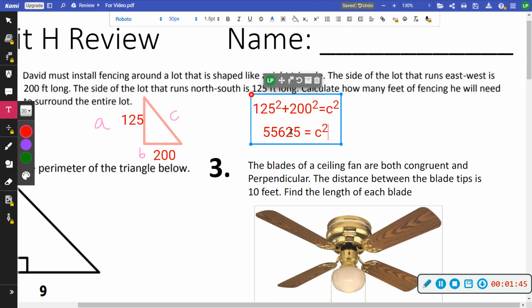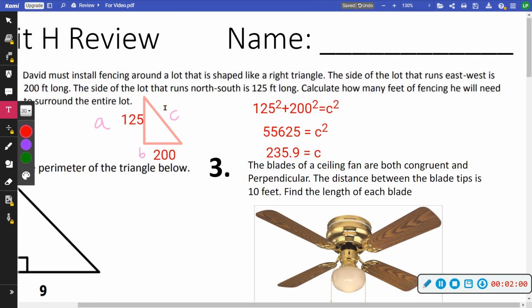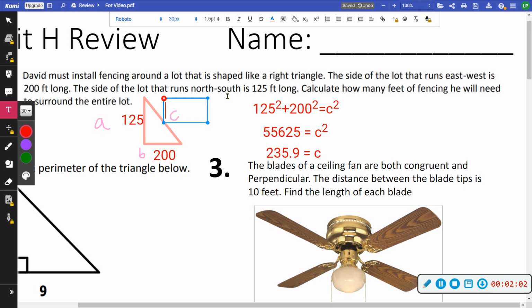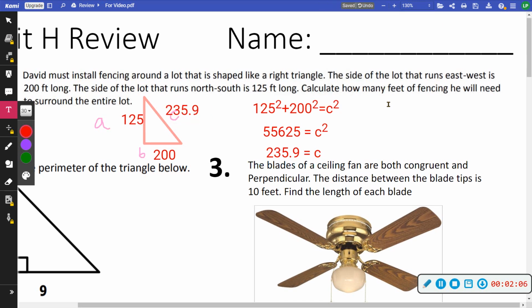So I type in the square root of 55625, and I get 235.9. So c is 235.9. I just found that the hypotenuse is 235.9.